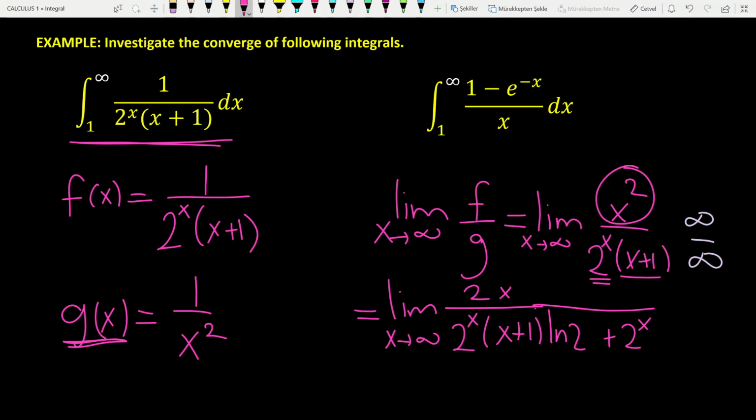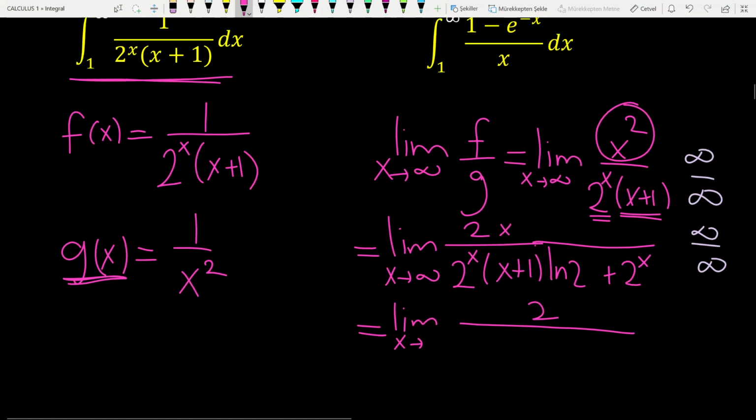As you see, you have the multiplication of two functions. When x tends to infinity, you still have infinity over infinity. So we have to apply L'Hopital's rule again. If you apply it again, you have 2 in the numerator, and a more complicated function in the denominator: 2 to the power x times (ln squared 2 times (x plus 1) plus 2 ln 2).